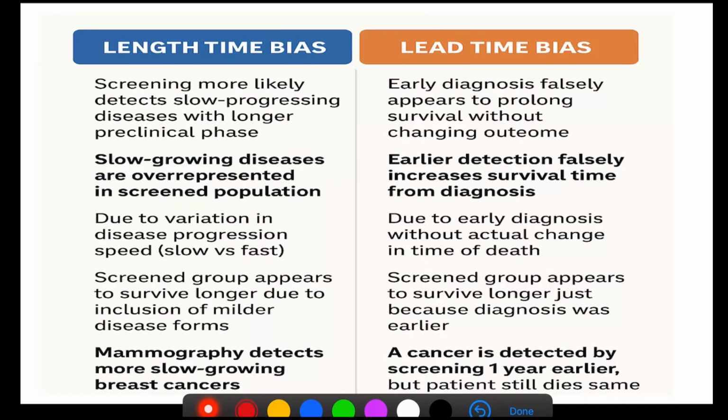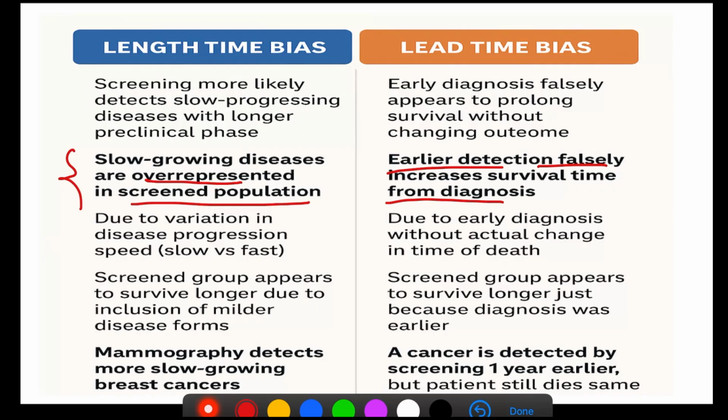Although I have made a separate video on the lead time bias, here we will quickly revise the difference between the length time bias and the lead time bias. In length time bias, the slowly growing diseases are overrepresented in the screened population. But in lead time bias, the earlier detection falsely claims that there is an increase in the survival time because of the screening.